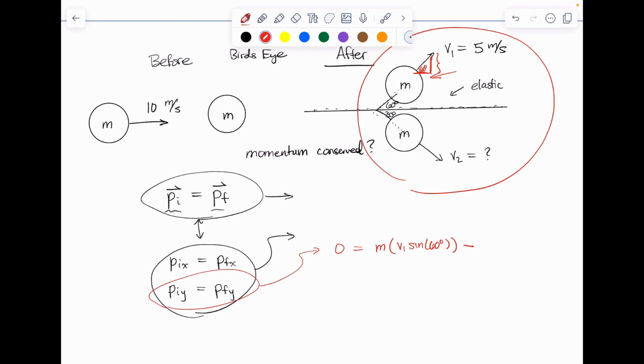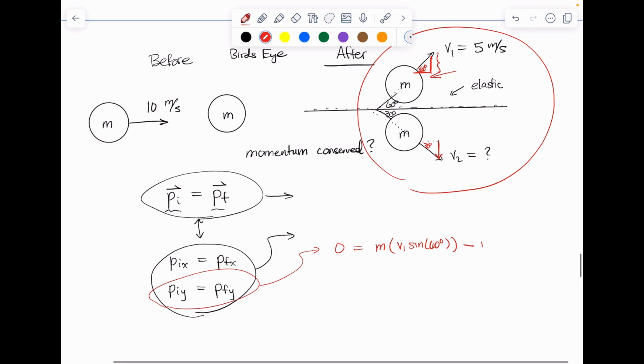What's the momentum of the second object? That would be this part of the momentum for the second object. And the angle here is 30, right? So this would be mv2 sine of 30, right? So they're going in opposite directions, so we need that minus sign.